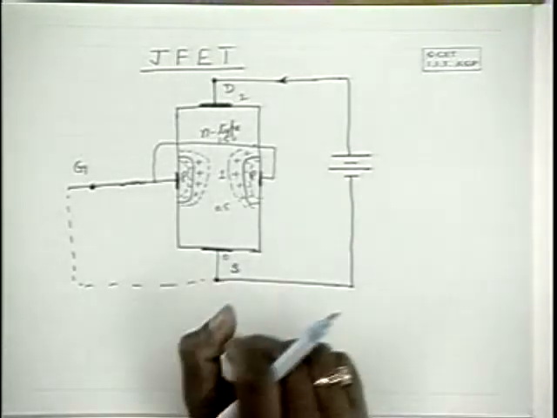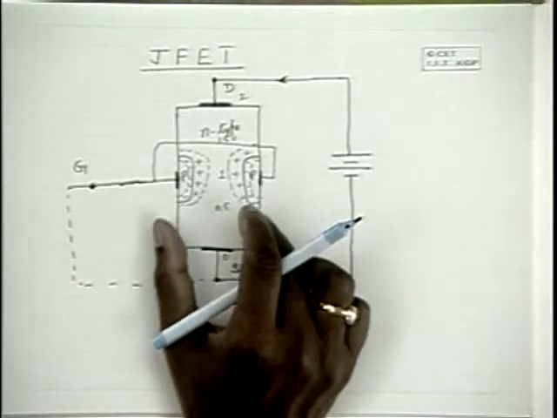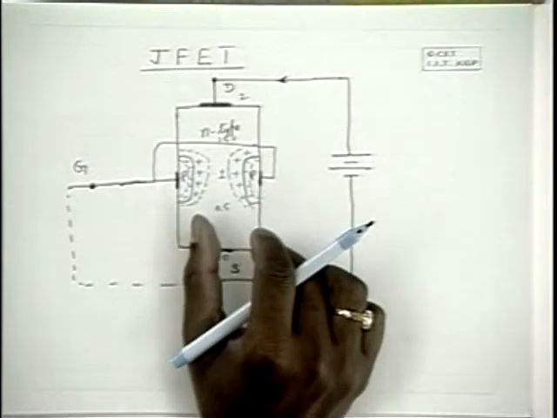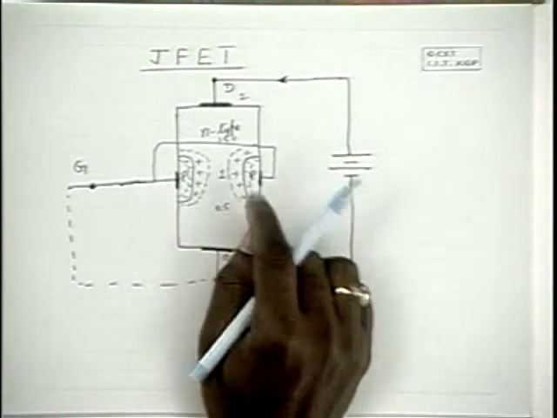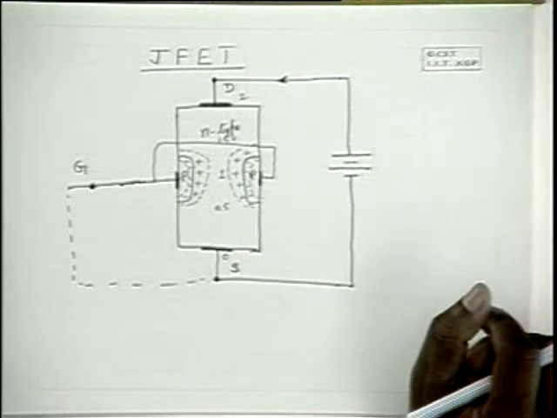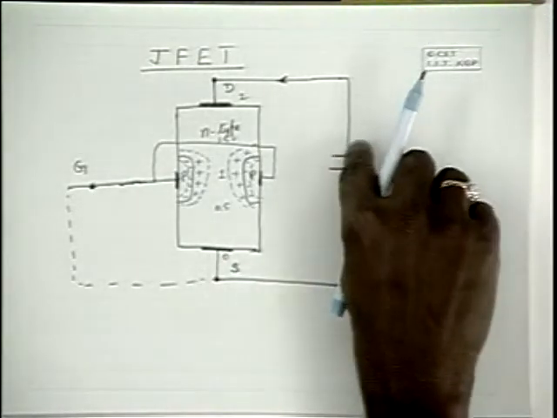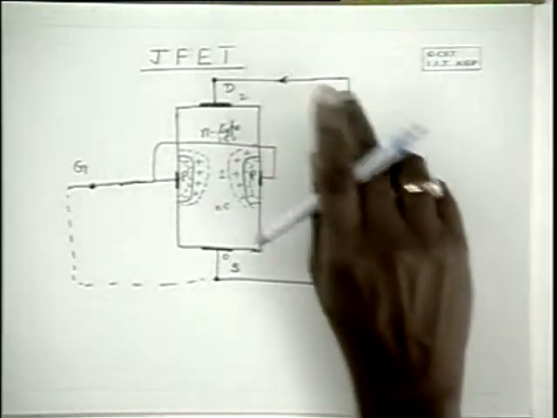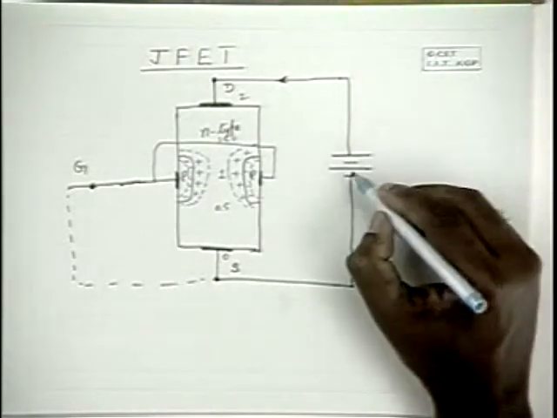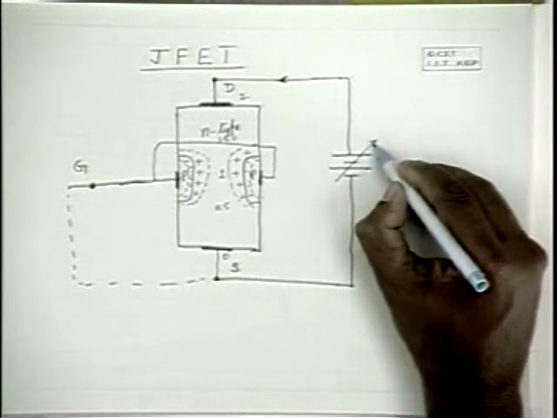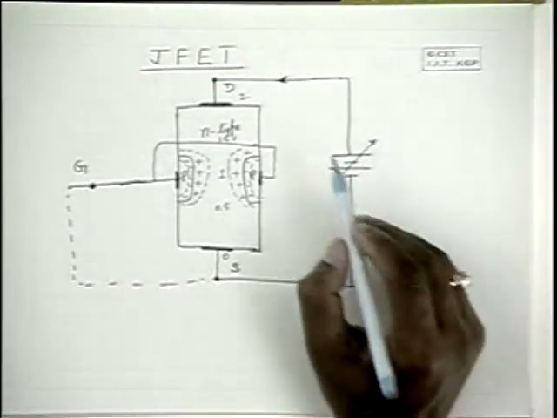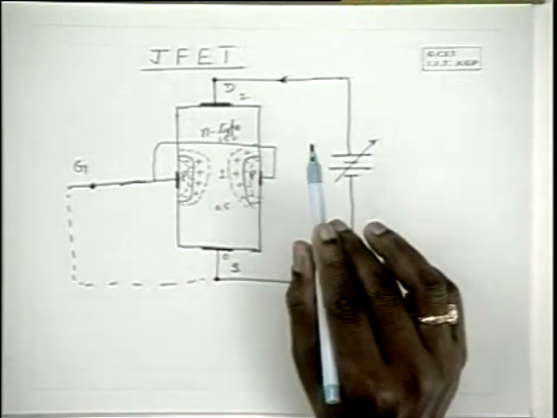And as a result, the area of the n-type semiconductor bar goes down, and the resistance increases. And when the resistance increases for the same potential, the current goes down. As you increase the voltage, current increases initially.